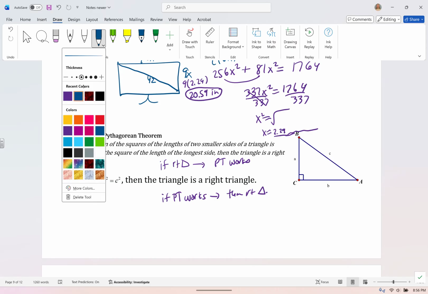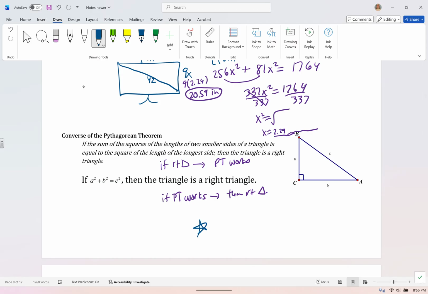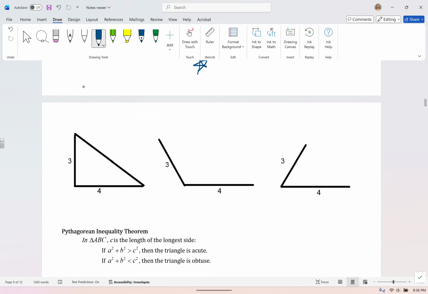And so that's something that we can do. Okay, so that's an important thing. On the flip side, we can show that here. If this is a right triangle, then 3 squared plus 4 squared has to equal the hypotenuse squared. And that would be 9 plus 16 does equal 25. So therefore it's got to be a right triangle.